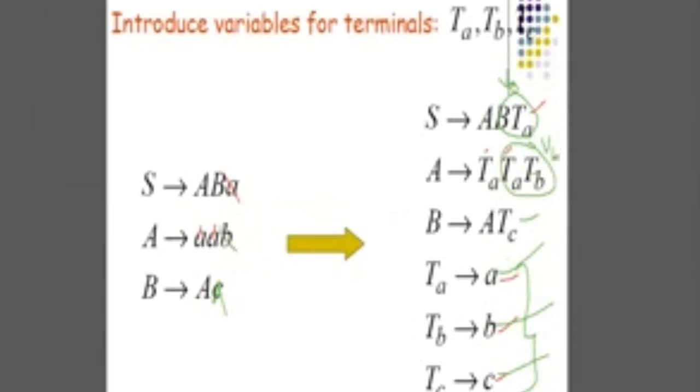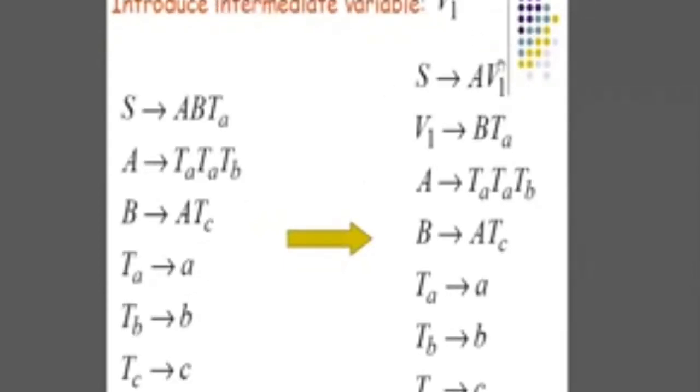So VB will be equal to TA TB, right? So this entire thing will become VB, this entire thing will become VA. That is how I can convert it into Chomsky's form. That is what we have done here. Okay?